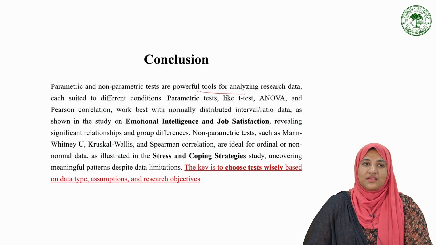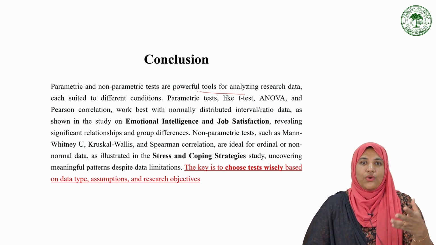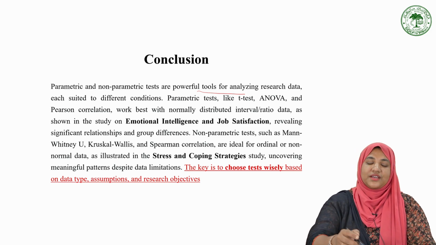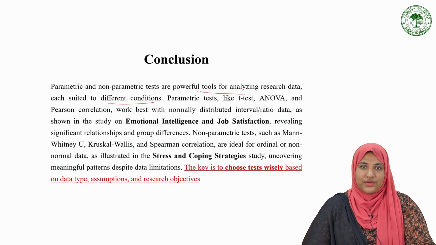In the last class I discussed the misconception that only parametric tests are more powerful. Such a misconception is not there. Both are powerful tools for analyzing the research data, and each suits different conditions. The conditions matter over here.